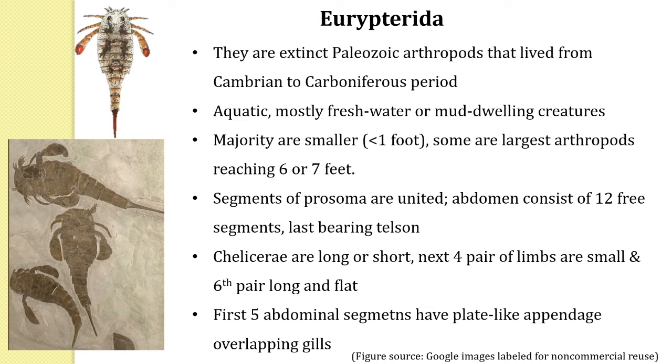The next four pairs of limbs are generally small, and the sixth pair is the longest one and evidently a flat swimming organ, but in some species the legs are all long and slender. So here in this diagram you can see the sixth pair of legs becomes long and somewhat flat, rather than the first four limbs, which are comparatively smaller in size.